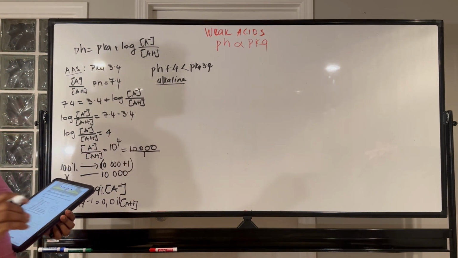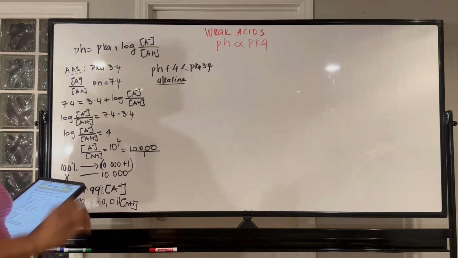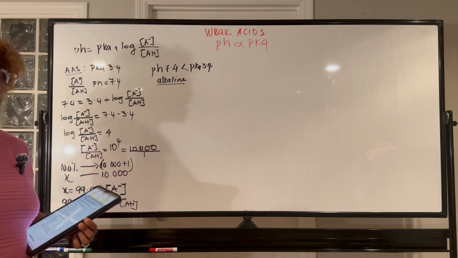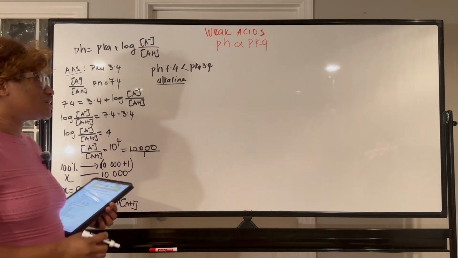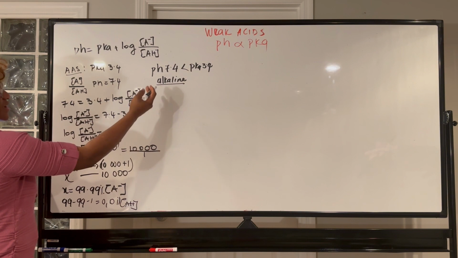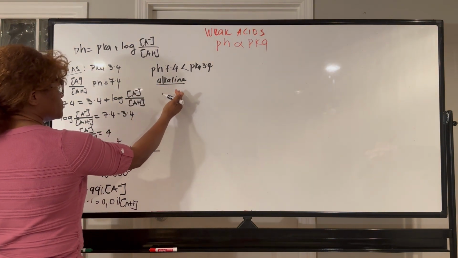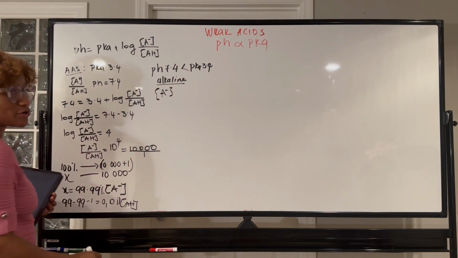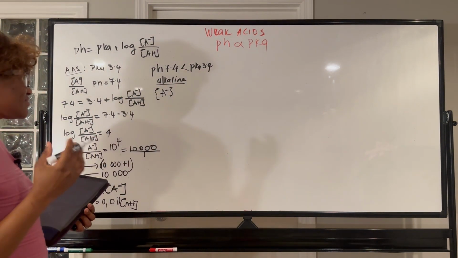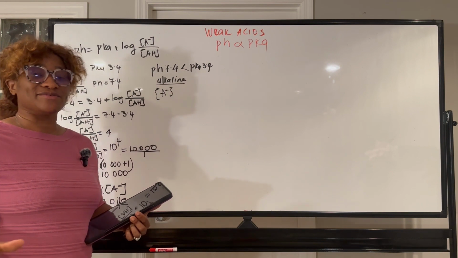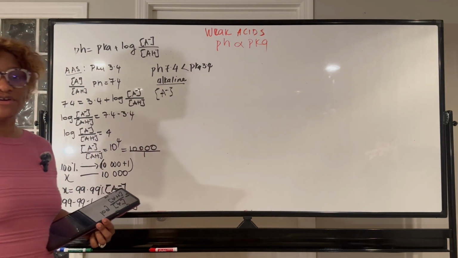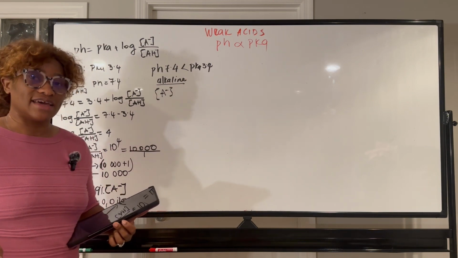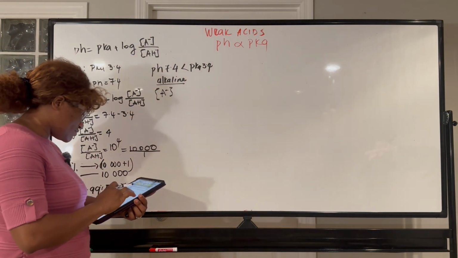For the acid not working better, that means I have more of the ionized portion, because the non-ionized is the active side of the drug. So I would have known that more of my aspirin will be ionized, because acid does not work better in an alkaline environment. This is just a trick to remember: acid works better in an acidic environment, base works better in an alkaline environment. So let's move to the next question.